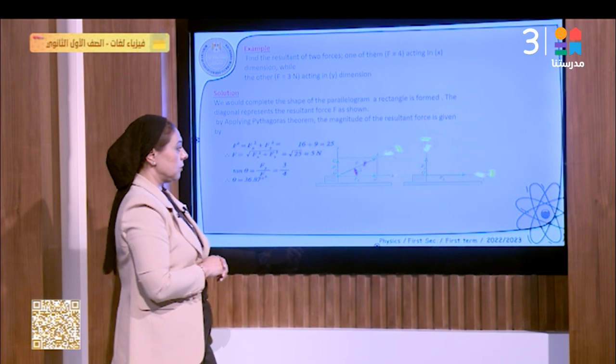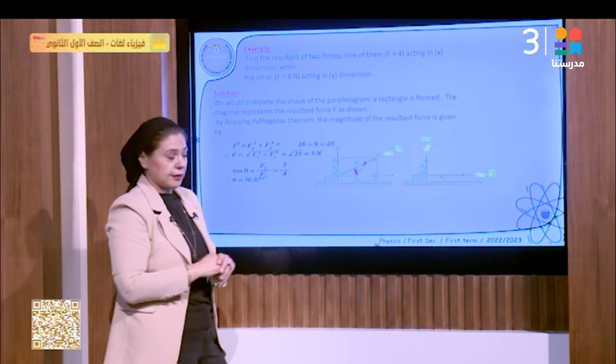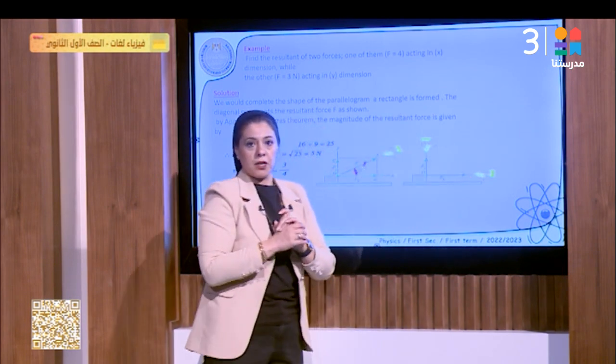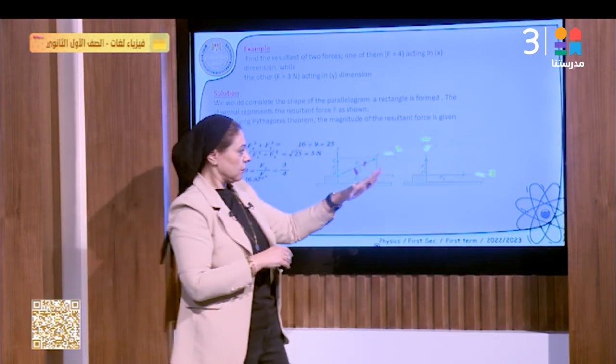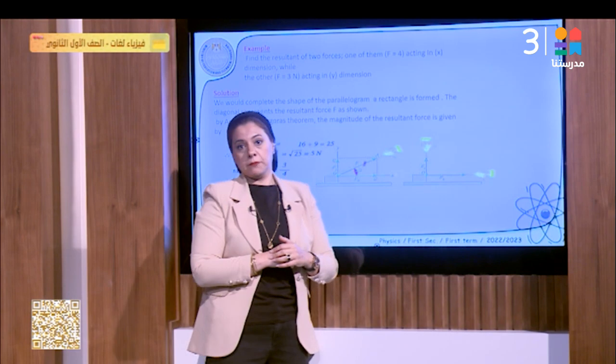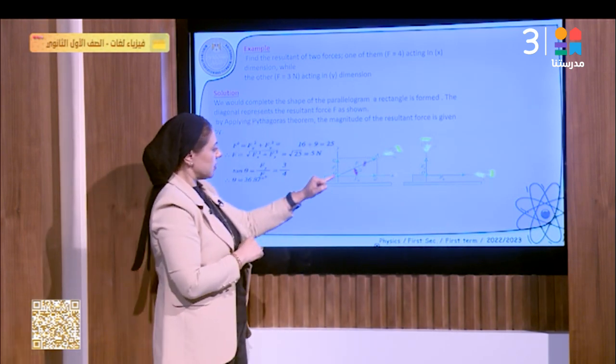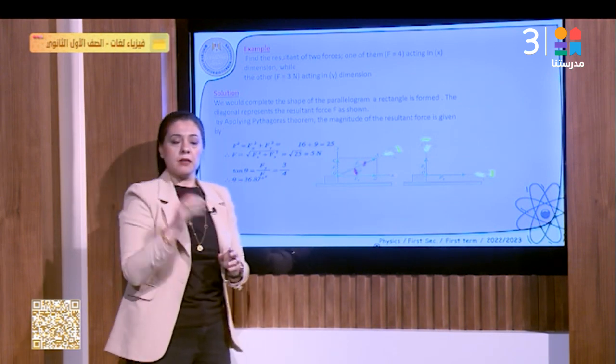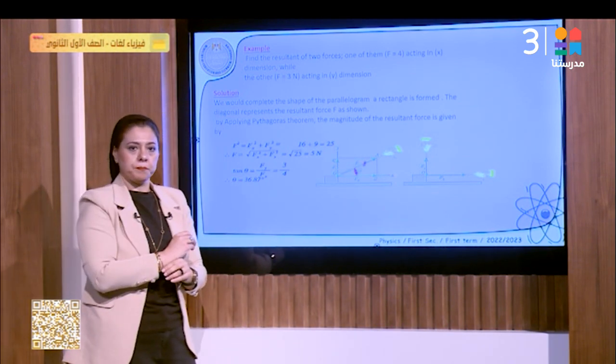تمام. طب to find the resultant force نادي two forces as we said before starting from the same point. Resultant force هتكون فين؟ between them. So this is the vector represent the resultant force. طب how to find the magnitude of the resultant force?